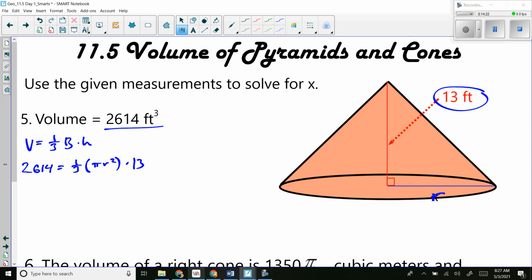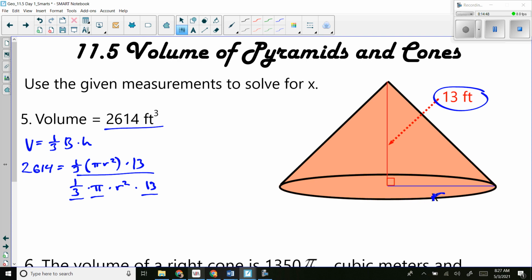Okay. Now, a couple things I want to multiply through on this right side. Really, all we're doing, this is 1/3 times pi times the radius squared times 13. It's all separate entities, if you will. And the only thing I don't know is the radius, the r. I have a pi button in my calculator. So in the calculator, I'm going to type in 1/3 times pi times 13.